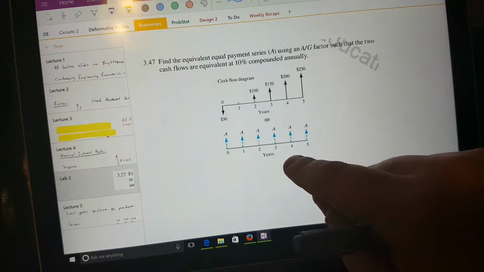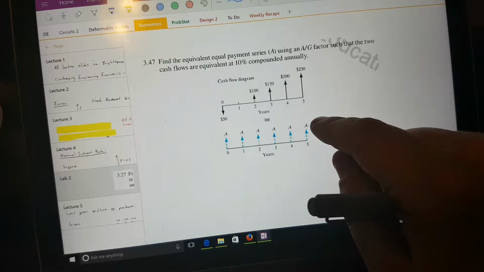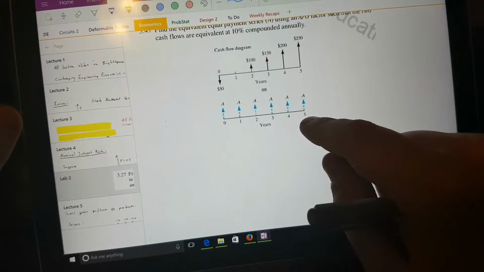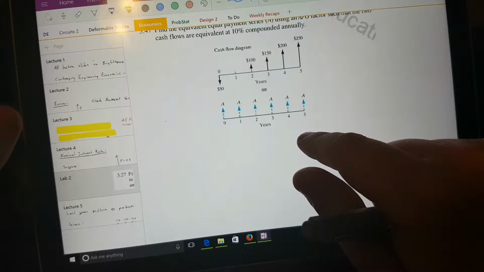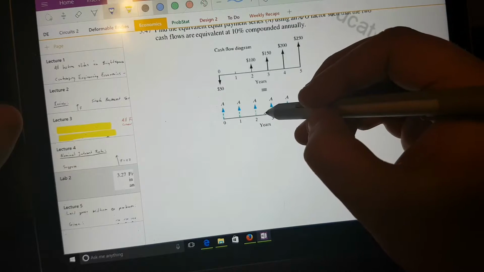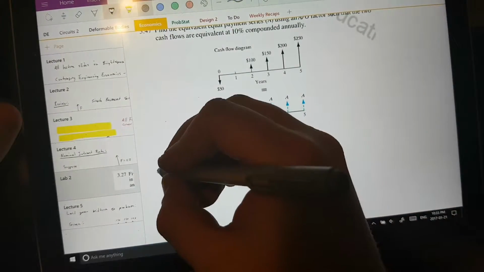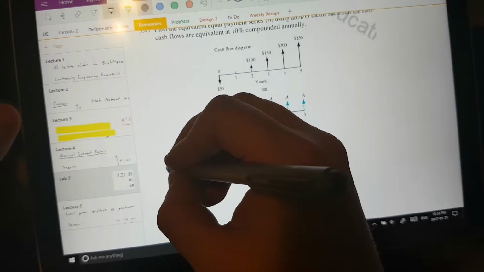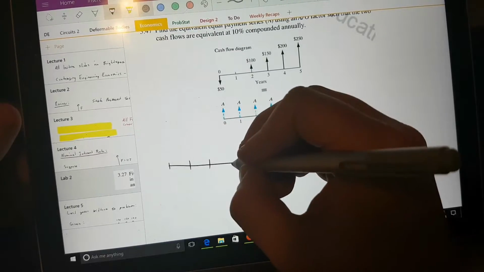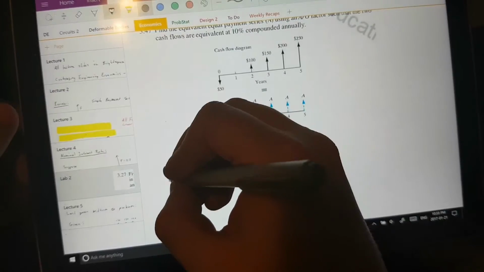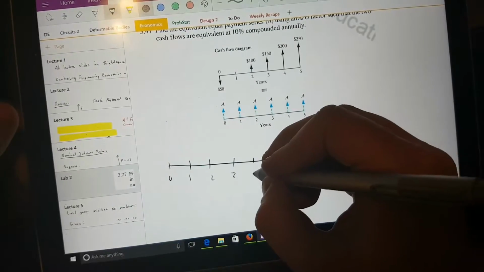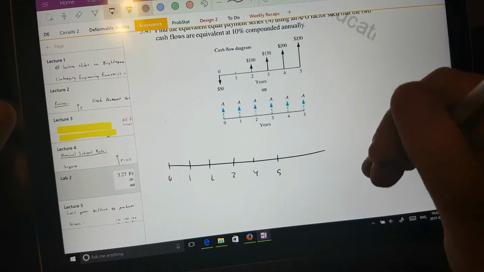Yes, right. Okay, so I basically want to turn this into this, right? So this one here, I'm actually going to copy this. 1, 2, 3, 4, 5, 0, 1, 2, 3, 4, 5.